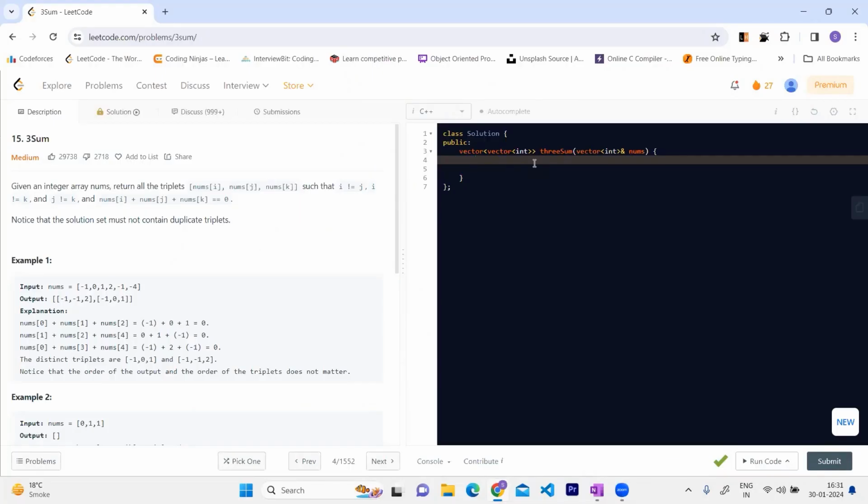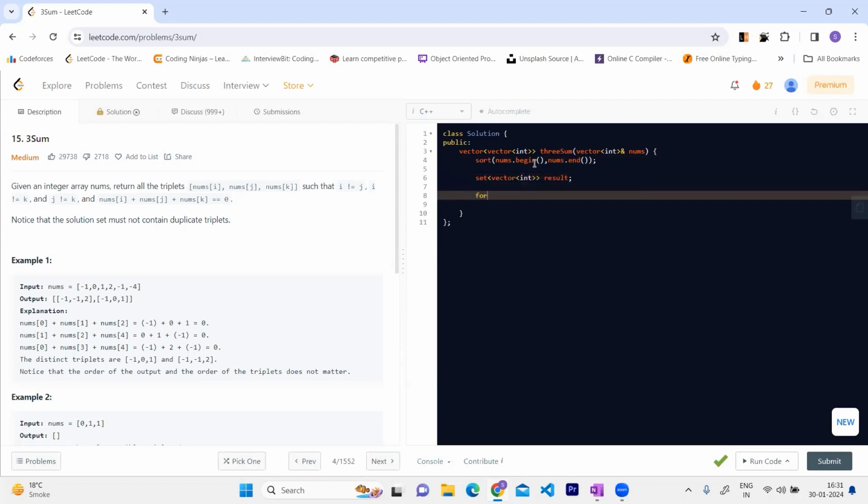So here we are. Initially, we'll directly sort our vector, nums dot begin, nums dot end, right? After sorting the array, we'll initialize a set data structure. It will be a set of vectors, because we are going to store vectors in the set.